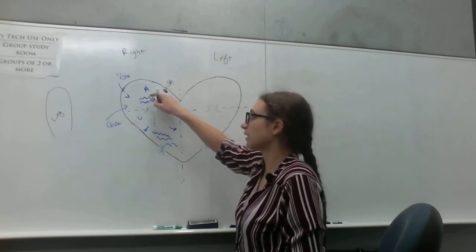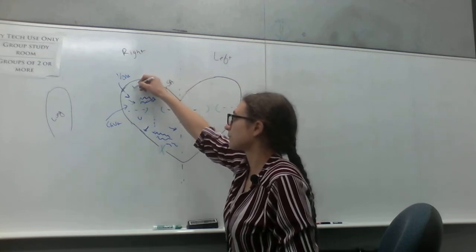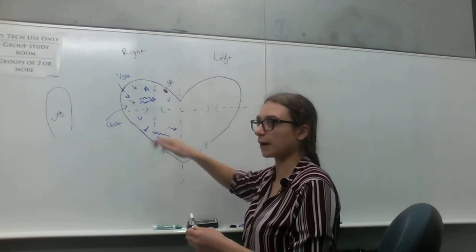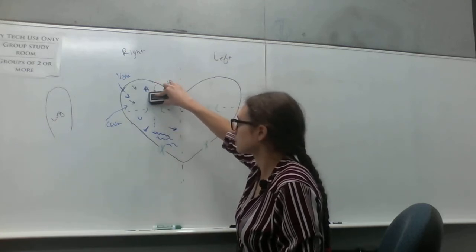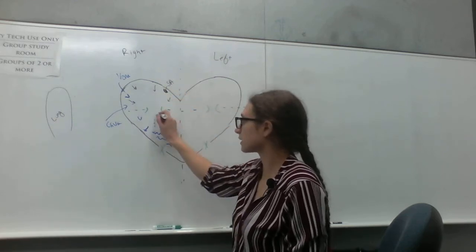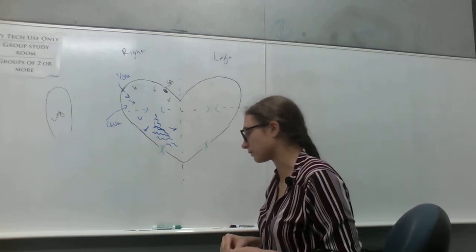It's in the atria. It's going to cause the atria to contract. So when the atria contracts, all this blood is going to be squeezed out of the atria and into the ventricle. Oh, okay, I get it. So it's going to be squeezed, and it's just all going to go into here, the rest of it. So that's what happens when the SA node fires.